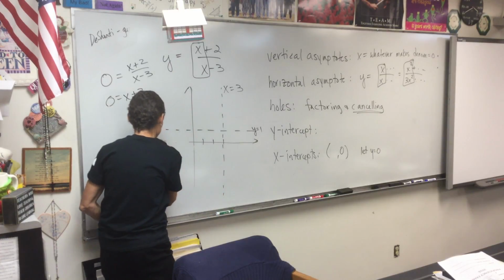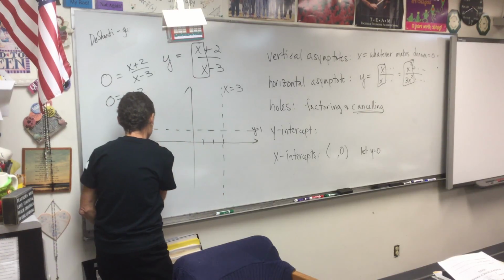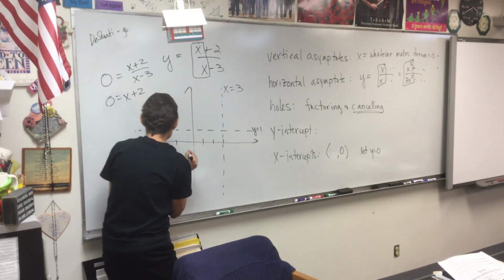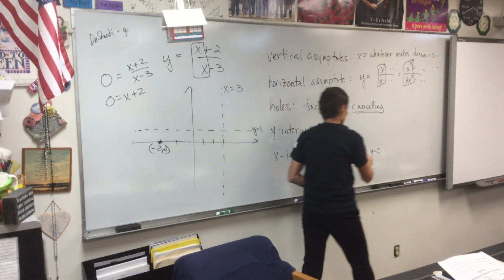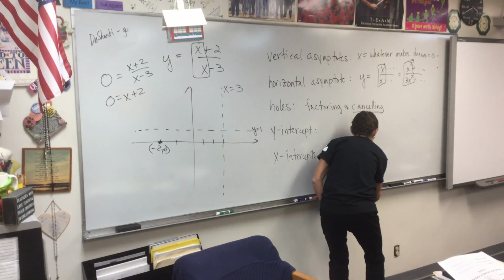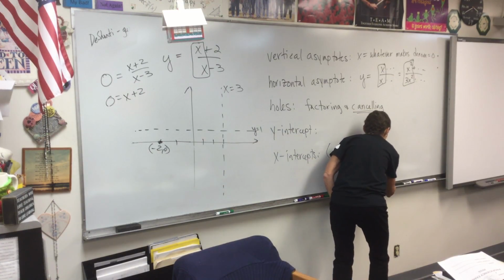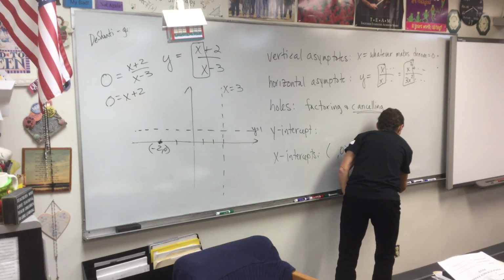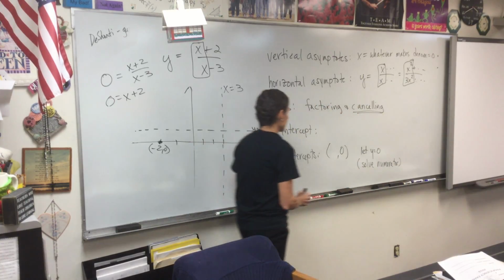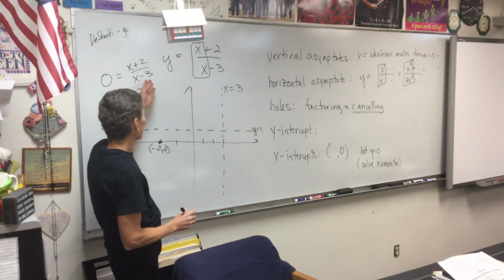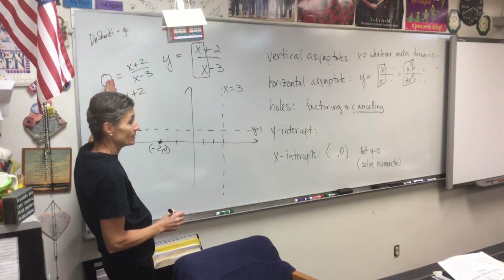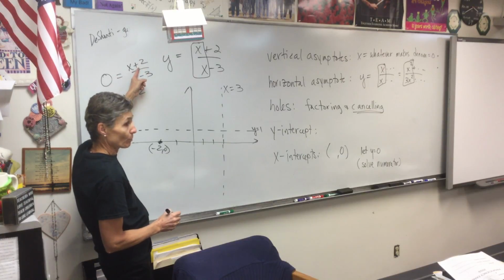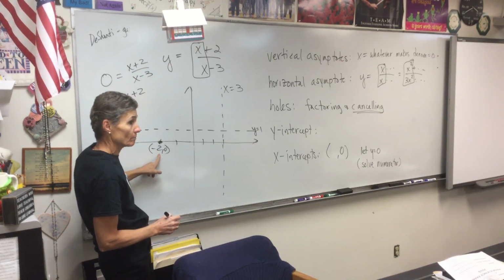So basically what I did was I ended up solving the numerator. So I let y be 0, but what I really end up doing is solving the numerator. Because the denominator is always going to disappear, because you're always going to have a 0 here. So you end up solving the numerator. I get -2.